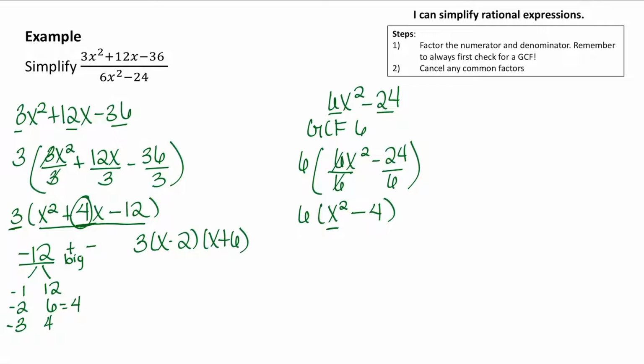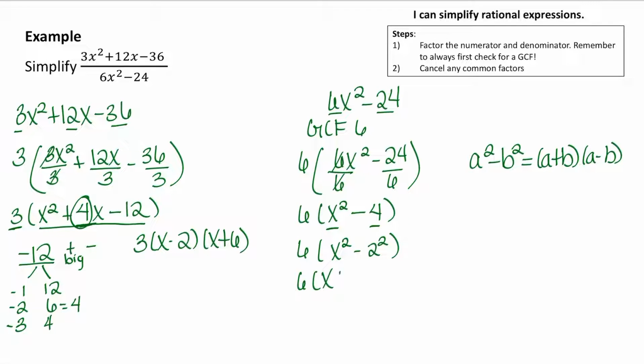So notice this x squared minus 4. That is actually the difference of two squares, right? So that is basically 6 times x squared minus 2 squared. Well, remember we have that special pattern that a squared minus b squared equals a plus b times a minus b. So we can factor this as 6 times x plus 2 times x minus 2.